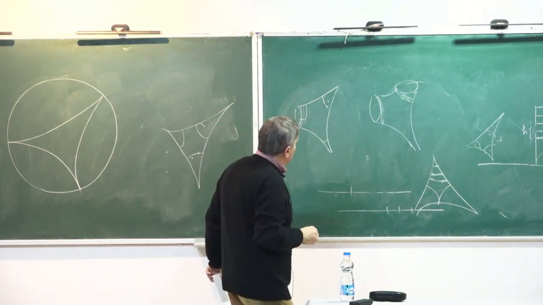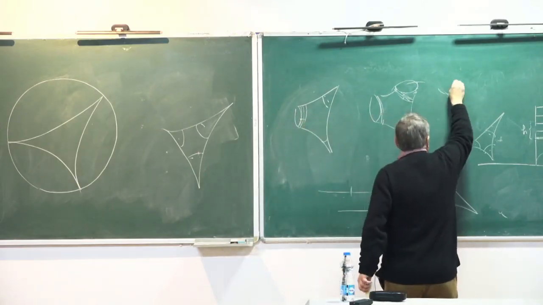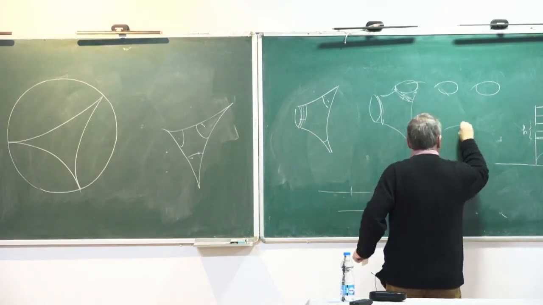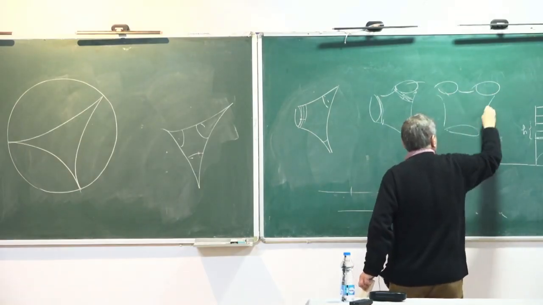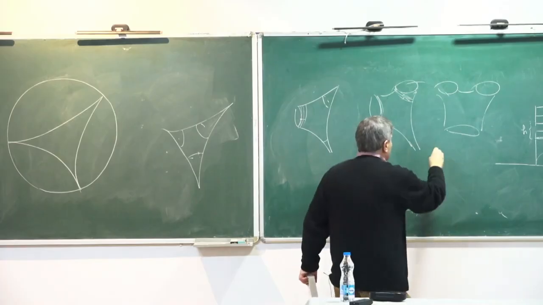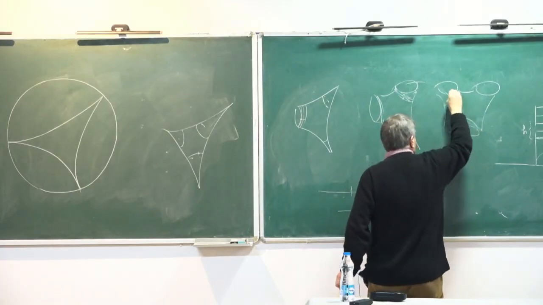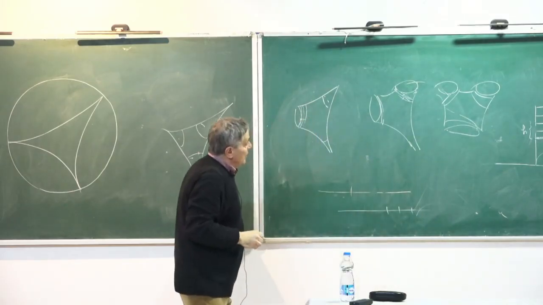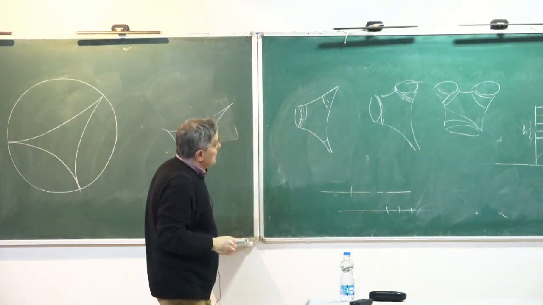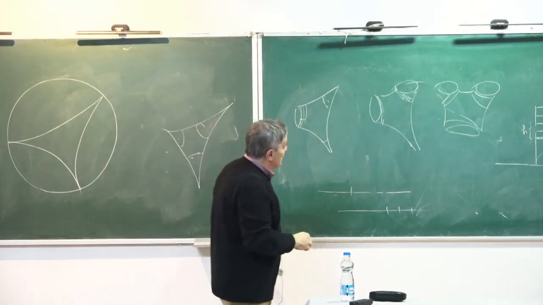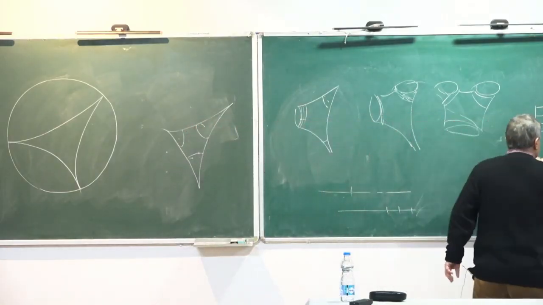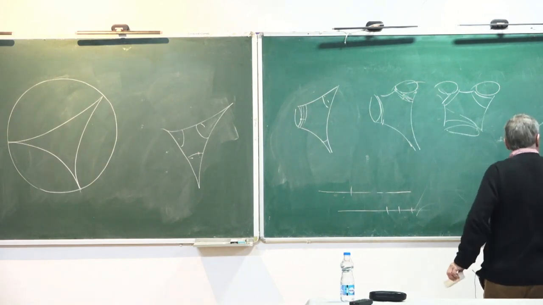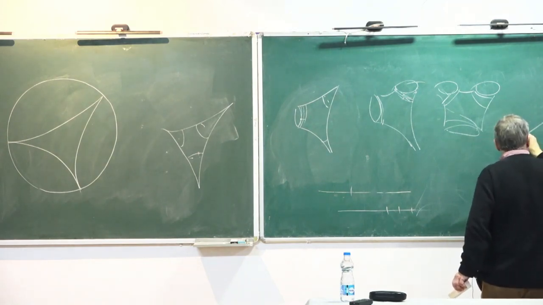This is the second possibility. In fact, I said three, but there are four possibilities. This is the third possibility, where the shifts are all of them non-zero. And well, there is this fourth possibility, the first one, I mean the most basic one, when all three shifts are zero.